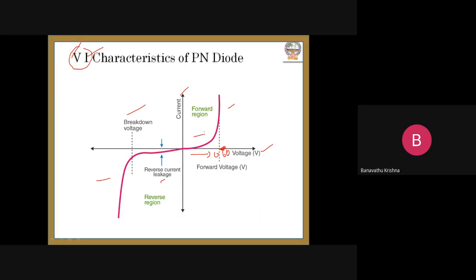Up to this level, the current is not considered. Why? Because this is the cut-in voltage. Up to this level, the device does not change its conducting properties. If any changes are available, they are practically negligible. If your input voltage exceeds this level, only then is the device fully brought into the on condition.